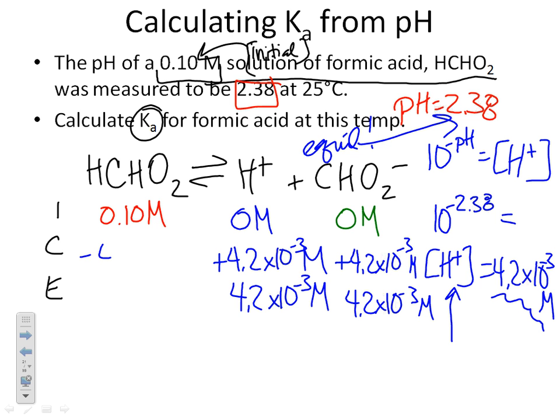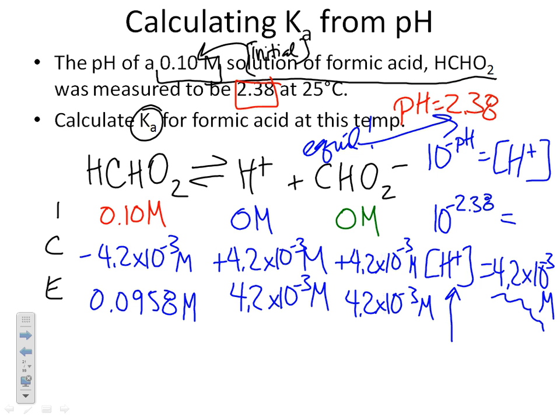Your reactants are getting used up. It's the same value because it's the same molar relationship. 1 mole of formic acid creates 1 mole of H plus. Doing the math that it says to do, 0.1 minus 4.2 times 10 to the minus third, we get 0.0958 molar for the equilibrium concentration of formic acid.